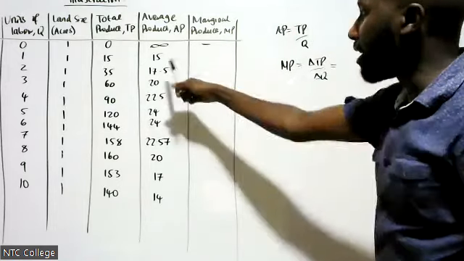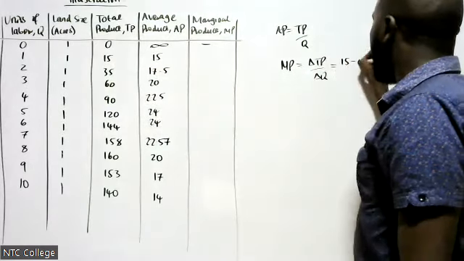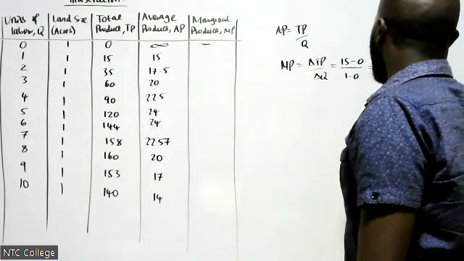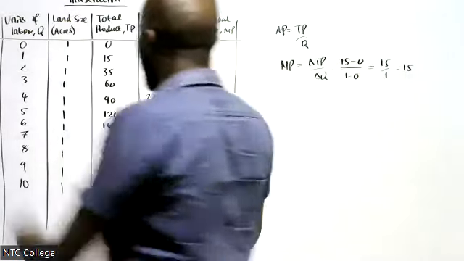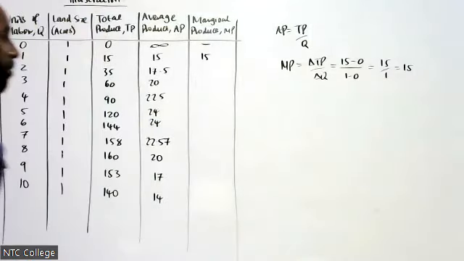So change in total product is 15 minus 0 divided by 1 minus 0. That is 15 over 1, and that is 15. So at this 1 unit of labor, we have 15 as our marginal product. And remember, it is change in total product.